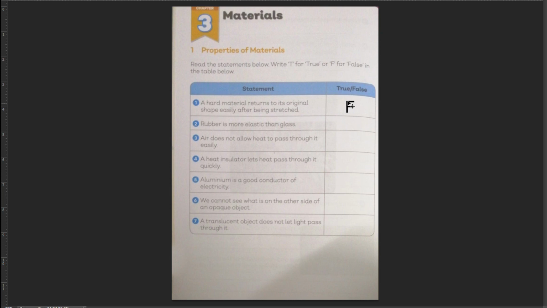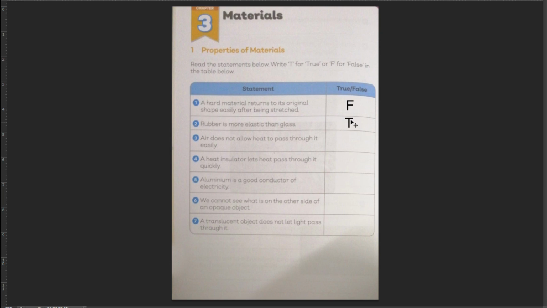Let's go to number 2. Rubber is more elastic than glass. Is it correct or not? Our answer would be true, because rubber is more elastic than glass. Glass is a hard material. Next, number 3.